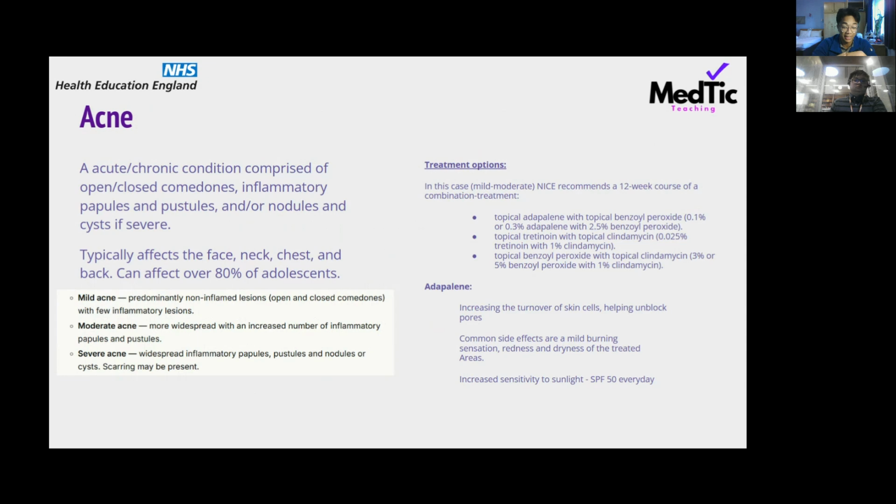But the most important thing to tell a patient when you start them on the adapalene is that because of that increased cell turnover, the skin is going to be more sensitive to sunlight. So they're going to be even more prone to sunburn and sun damage.